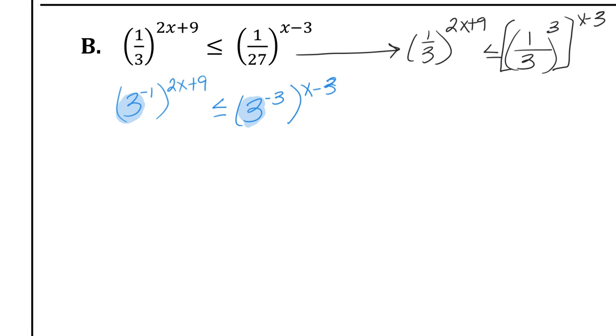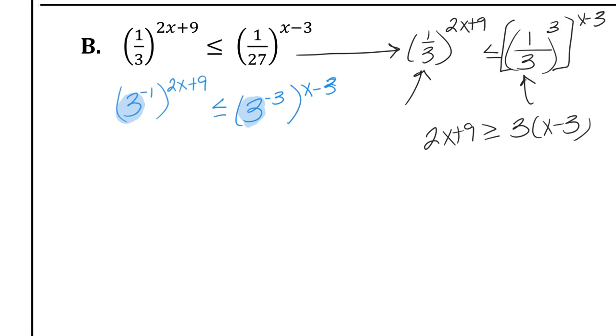Then they have to flip that inequality because the bases that I'm looking at fall between 0 and 1. So they would have the statement 2x plus 9 is greater than or equal to 3 times x minus 3. So if I can manipulate something in such a way that my inequality sign stays the same, that's what I want to do.